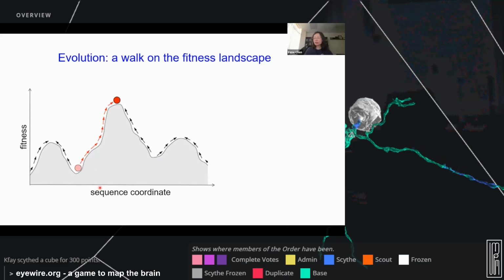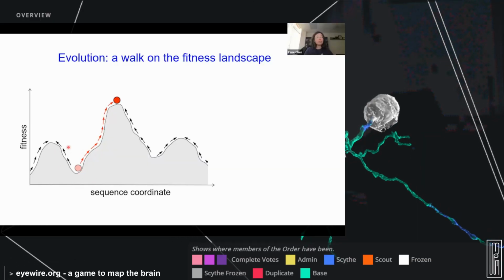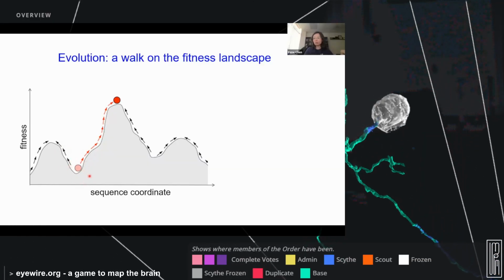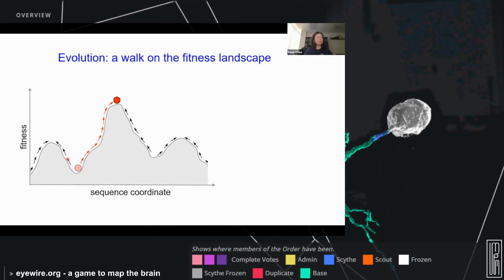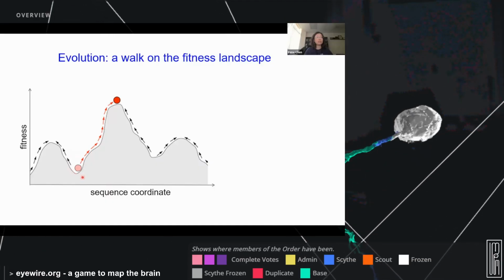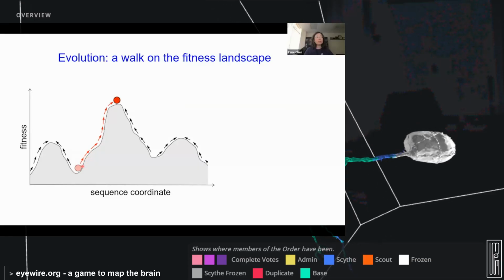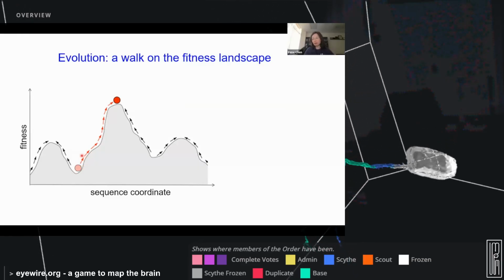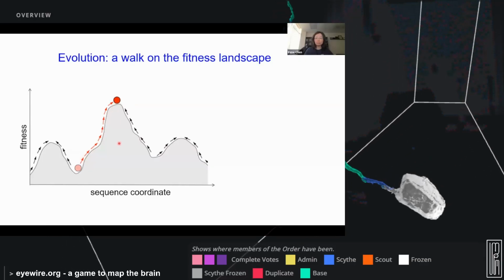Natural selection on the fitness landscape is a process of exploring local sequence space through mutations, or maybe more distant space through recombination, based on the current population, and then moving the population up toward higher fitnesses and hopefully discovering these peaks.